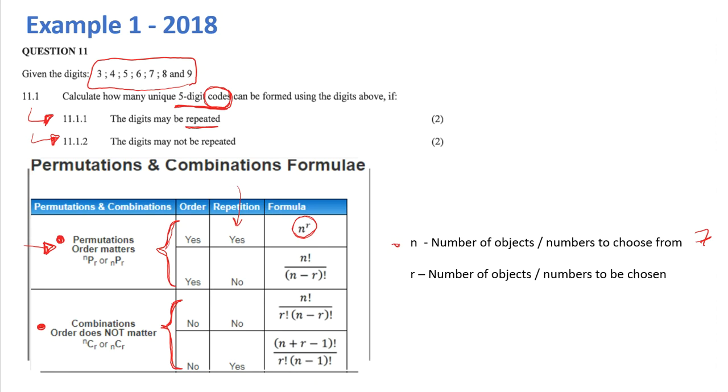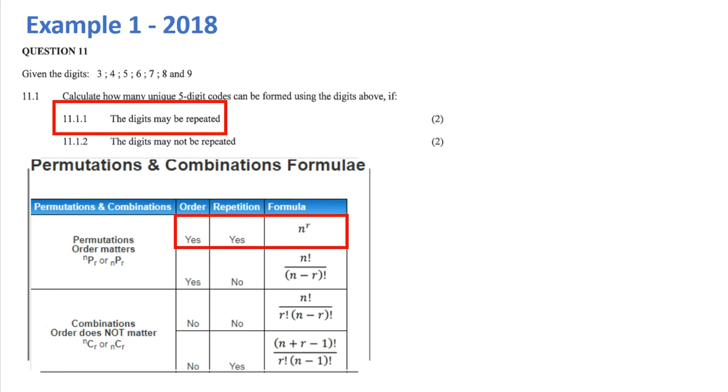But I'm doing a 5-digit code, so I'm only going to draw 5. That's the breakdown of how you're going to use this table. Unfortunately, you have to know these formulas. They're not given for some reason. Okay, so that's 1. Let me just see how I divided these slides.